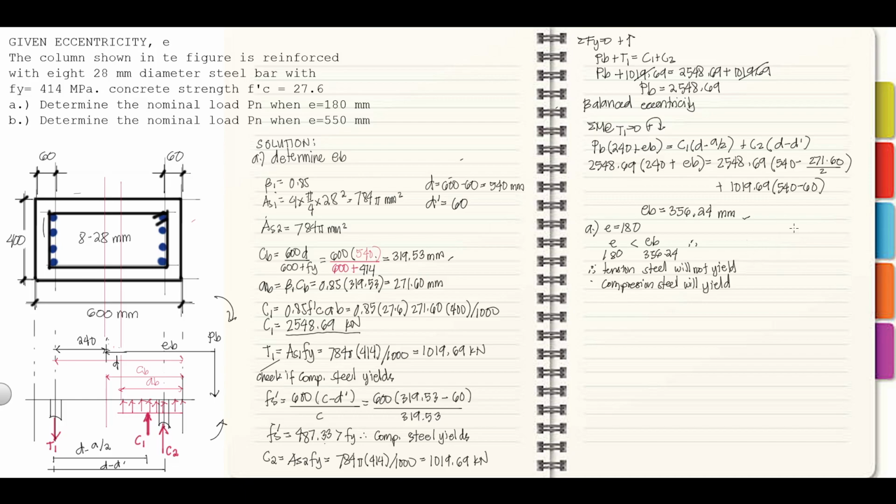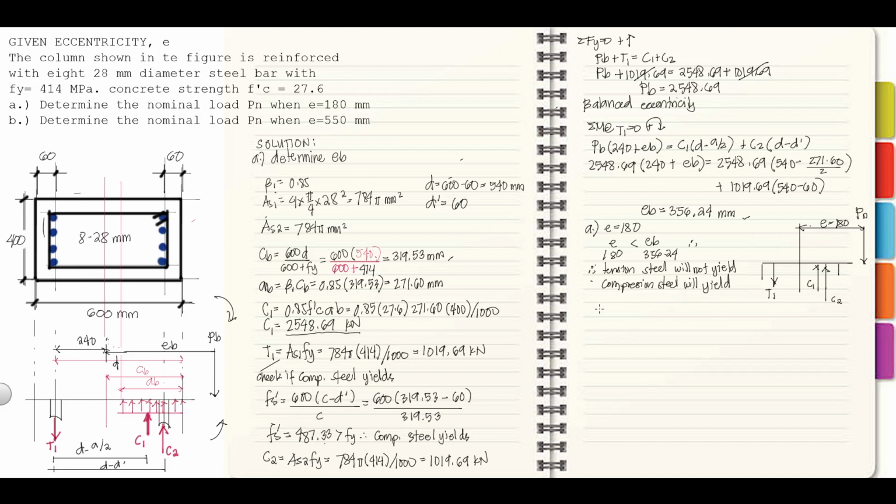We can draw it here. Alright? So, ito yan, no? This one will be our diagram.